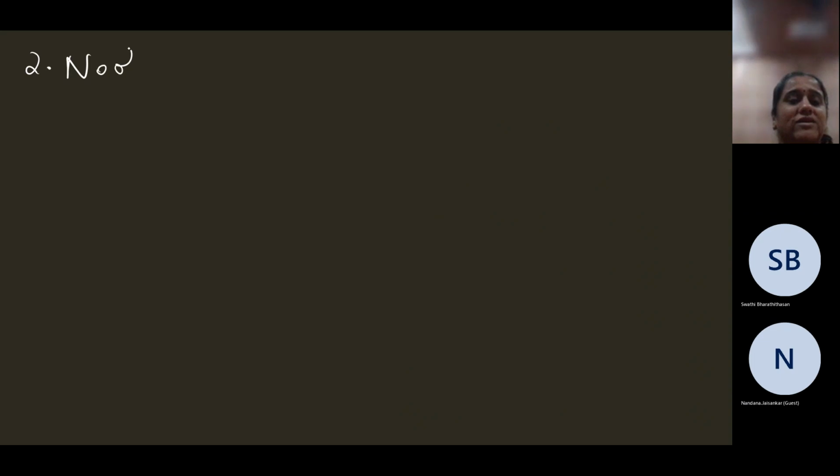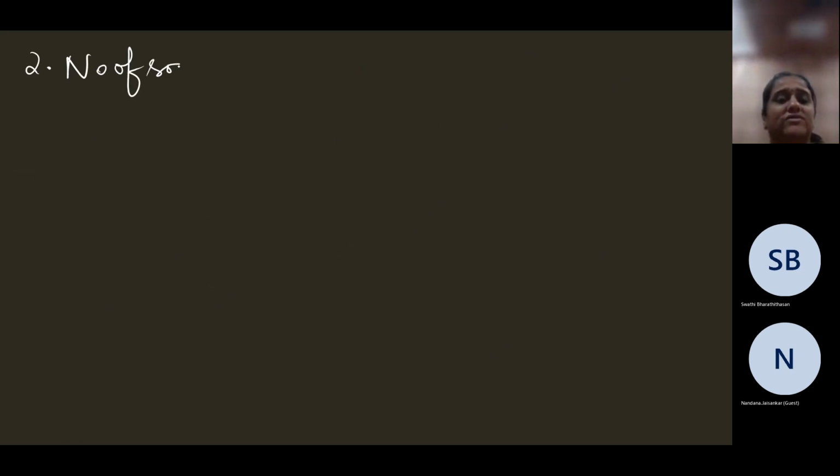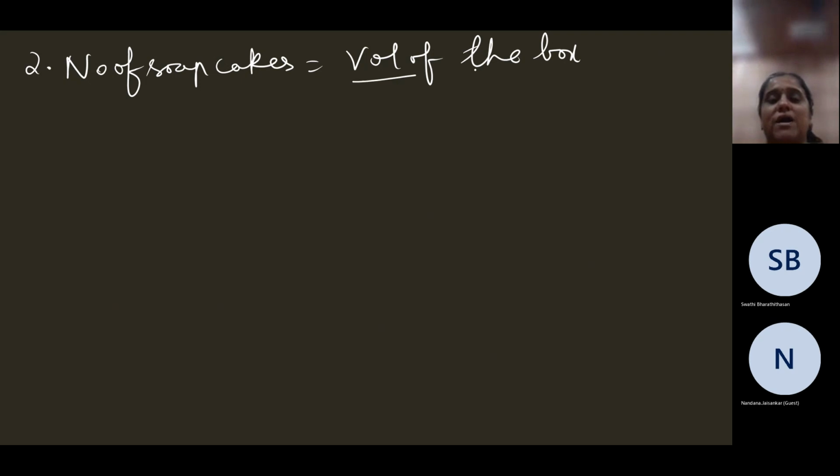Number of soap cakes is equal to the volume of the bigger thing, the volume of the box, divided by the volume of one soap cake.